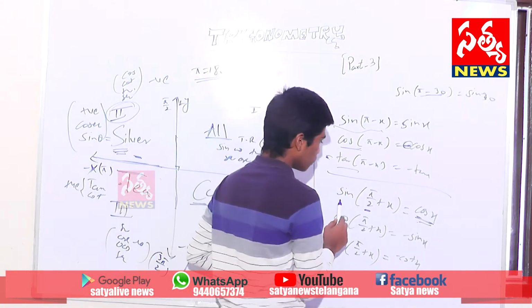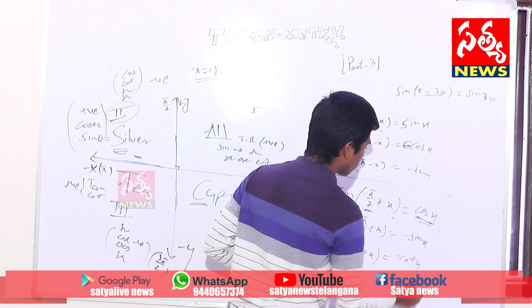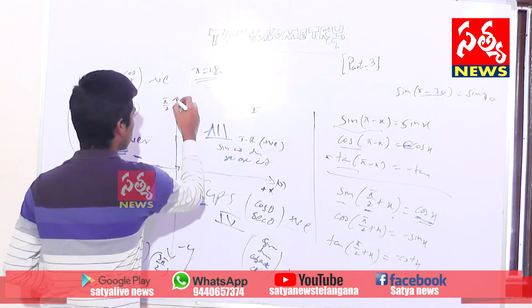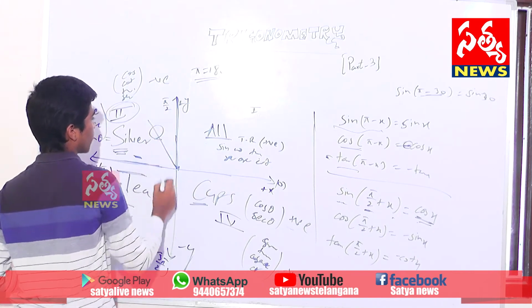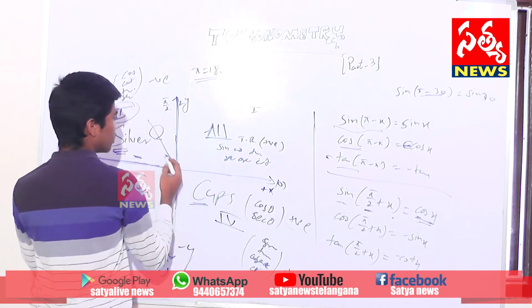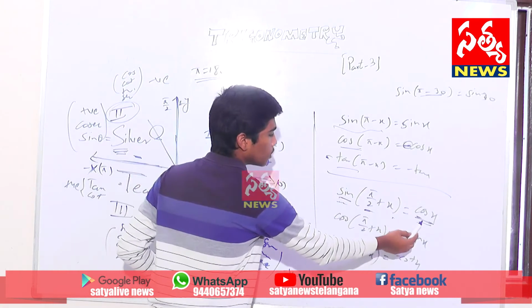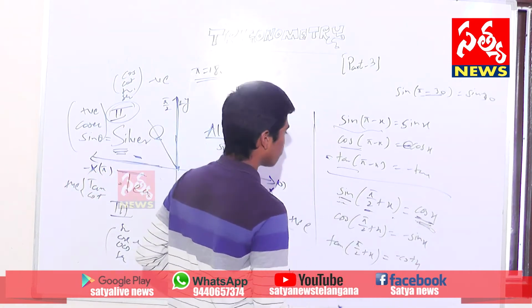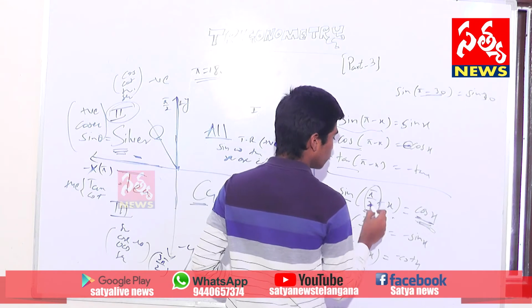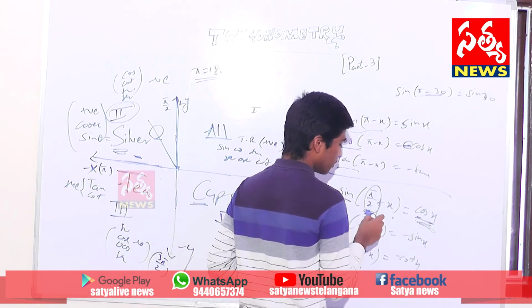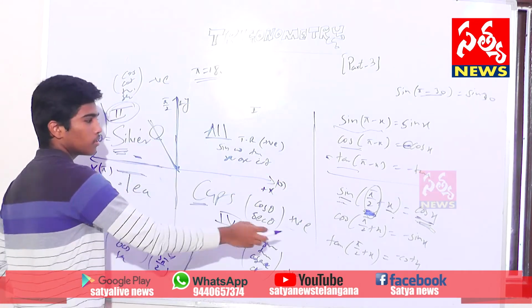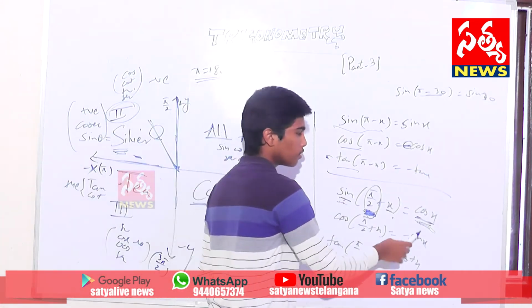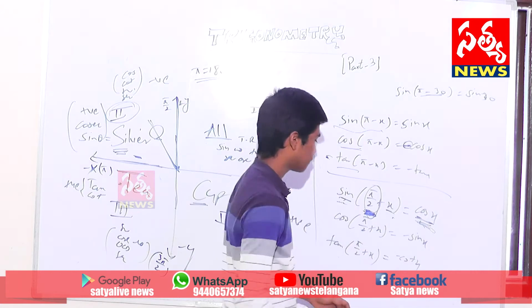Next here, sin pi by 2 plus x is equal to cos x. Sin pi by 2 plus x lies in the second quadrant. As we took the sine function, we got cos x, because of the trigonometric ratio changer pi by 2. It is in the second quadrant, and as sin is positive, we get the positive term.